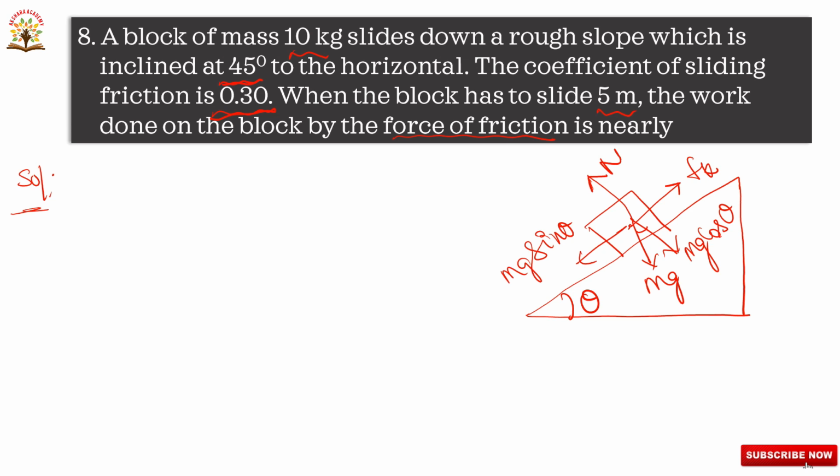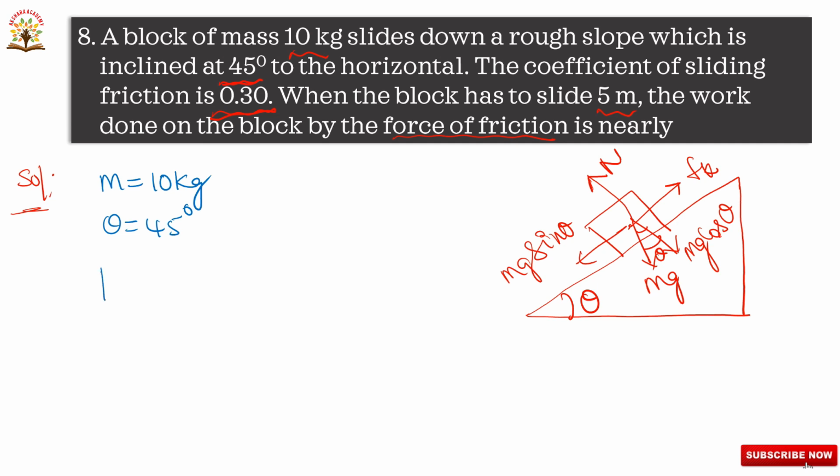Now here we are taking m is equal to 10 kilograms, and theta is equal to 45 degrees.